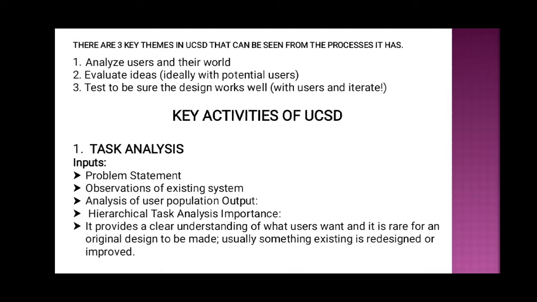Inputs: problem statement, observation of existing system, analysis of user population. Output: hierarchical task analysis. Importance: it provides a clear understanding of what users want, and it is rare for an original design to be made. Usually something existing is redesigned or improved.